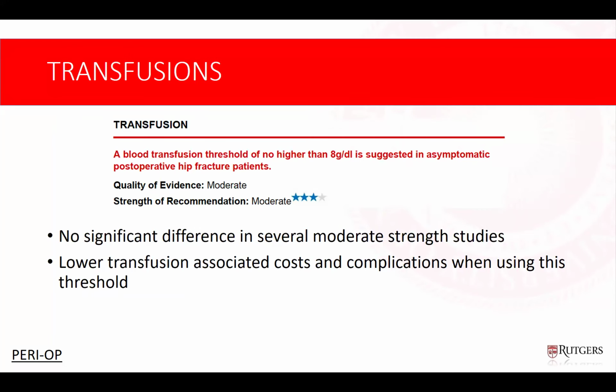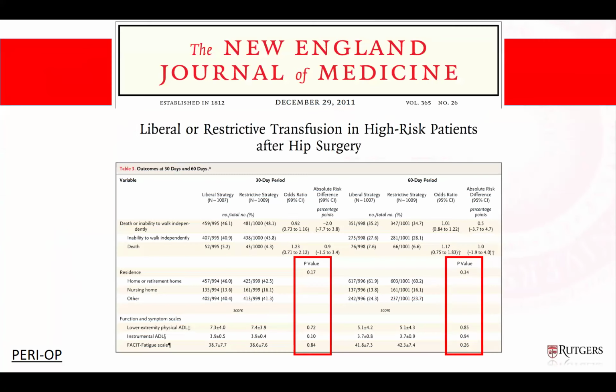In terms of transfusions, I'll just mention really quickly, they recommend a threshold no higher than 8 grams per deciliter in asymptomatic post-op patients. There was no significant difference between liberal versus restrictive transfusion limits in several studies. This one in 2011 was published in the New England Journal of Medicine. It was called the FOCUS trial.